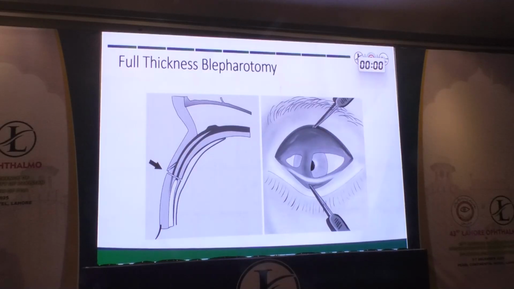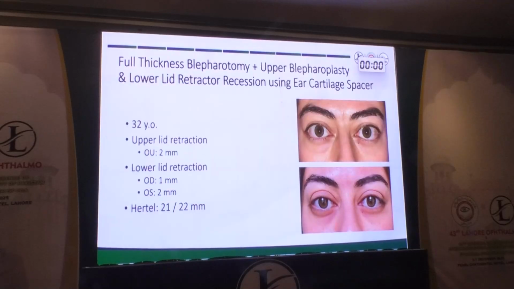For cases with more eyelid retraction, or for cases where I will do a blepharoplasty, I prefer a full thickness blepharotomy, where you make a full thickness incision but leave a small bridge of conjunctiva intact to avoid flattening of the lid contour. This was a similar case, a young lady.